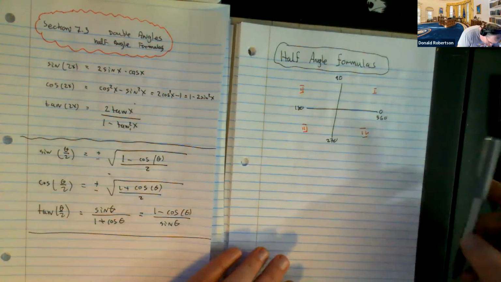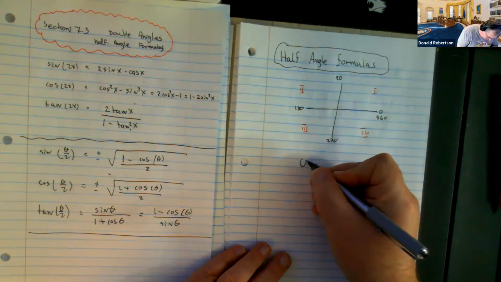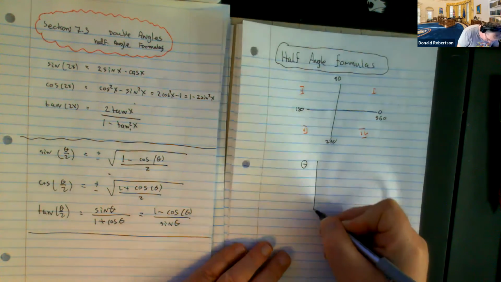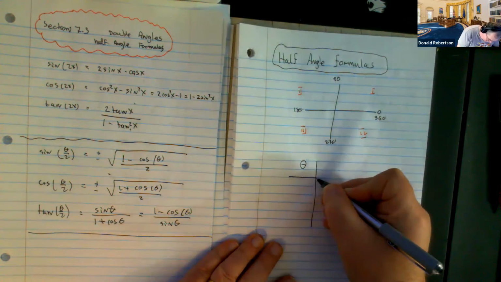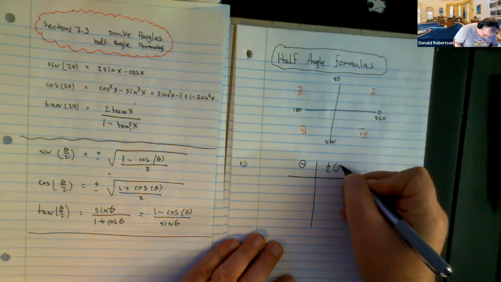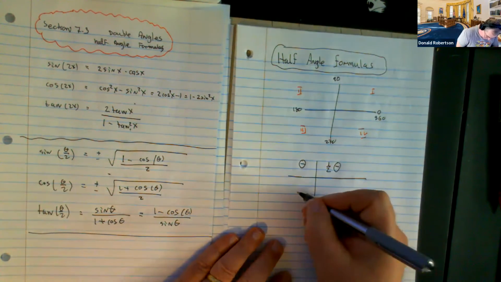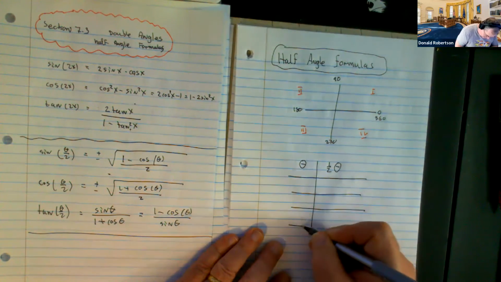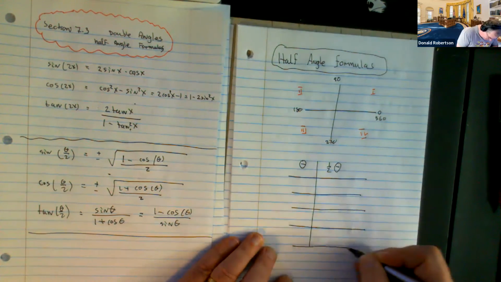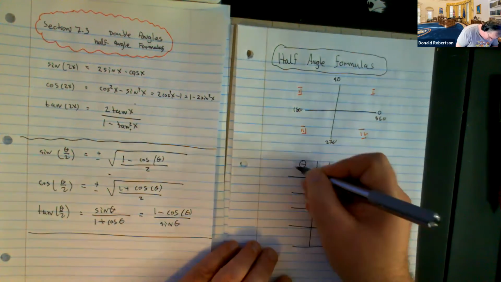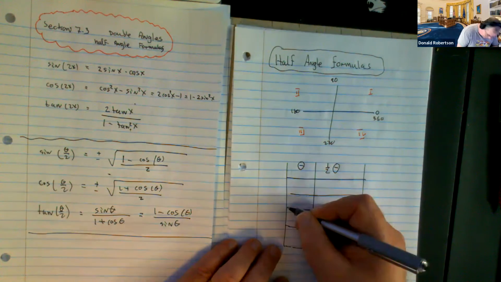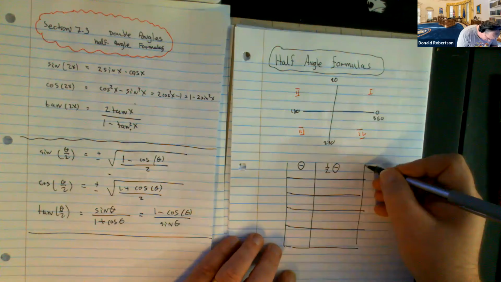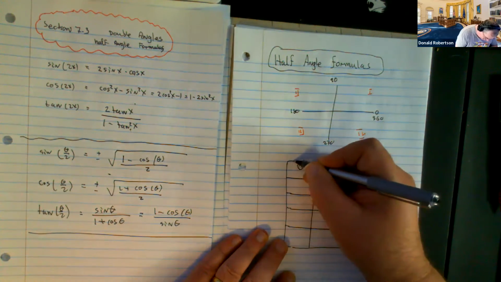And we're going to set up a little table where theta is the original angle. And then we're going to have where a half theta is. And this table is basically going to tell us whether the answer is positive or negative. And that's the only job for this table.